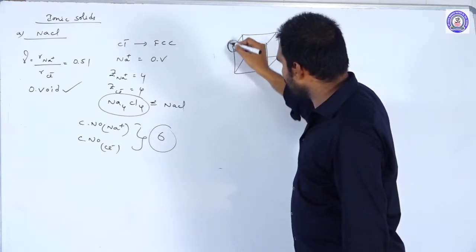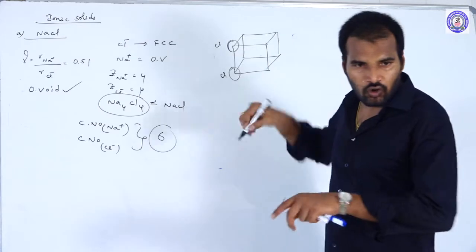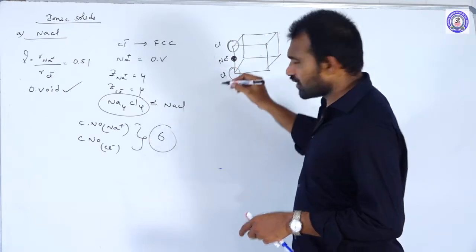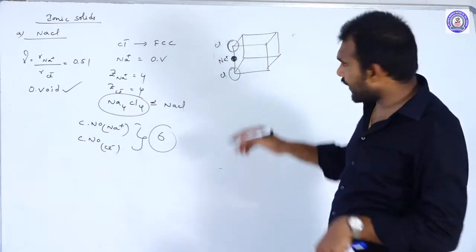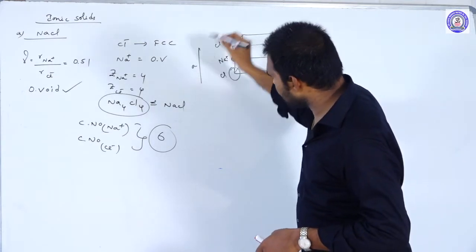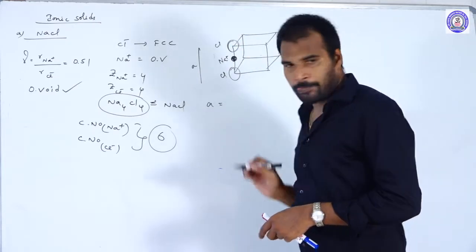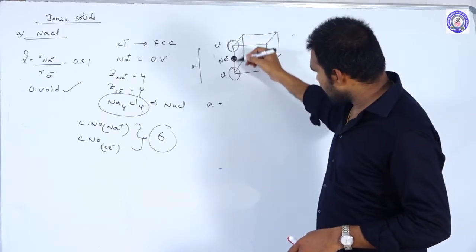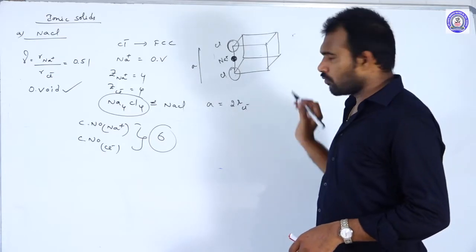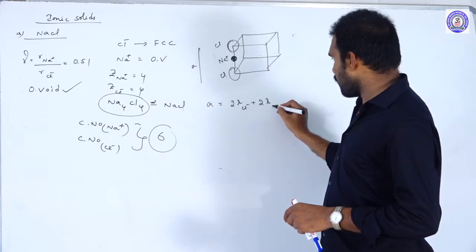So these are what? Chloride ions, because they are present at corners. And this is what? Na+, because Na+ ions are occupying octahedral voids and the octahedral voids are present here. So from this you can say the whole edge length a is equal to 2 r(Cl-) plus 2 r(Na+).